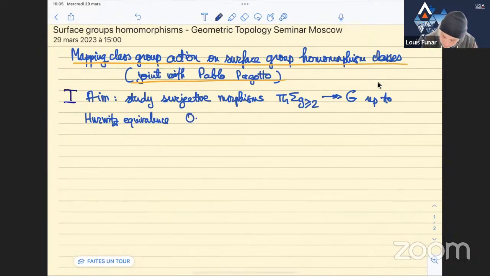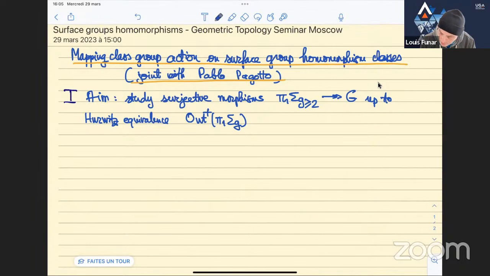So either you take the outer automorphism group of pi1 of sigma g, and sometimes, if I want to be close to the topological definition of this outer automorphism group, I put some plus here, corresponding to the fact that these are the outer automorphisms of the fundamental group which are induced from homeomorphisms preserving the orientation of the surface sigma g and preserving a point on the surface, up to isotopy preserving this point.